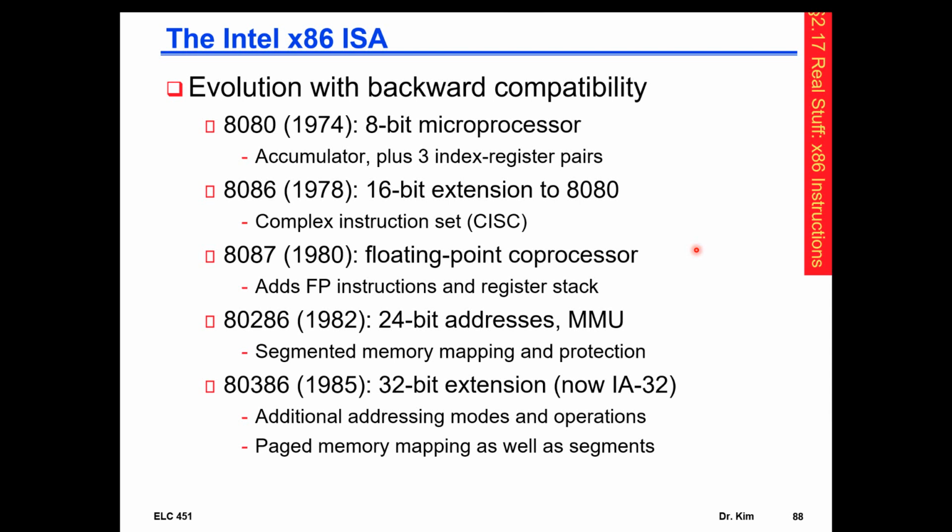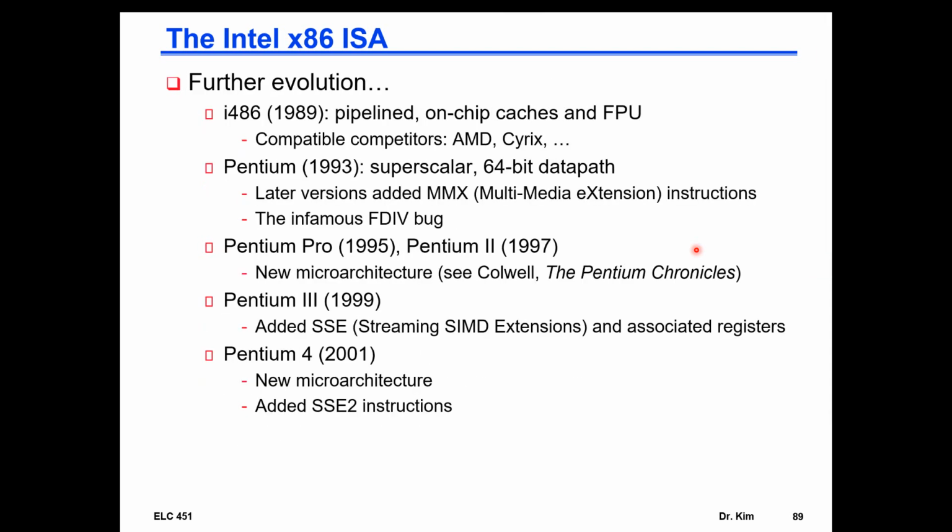Again, I'm not going to read it to you. I do want to finish the chapter, but you're going to get the slides. There have been books written about the evolution of the Intel architecture, but you're going to be able to read about that evolution in these slides.